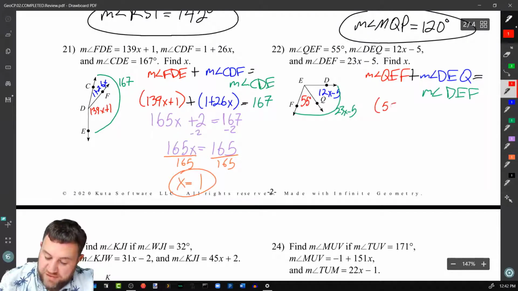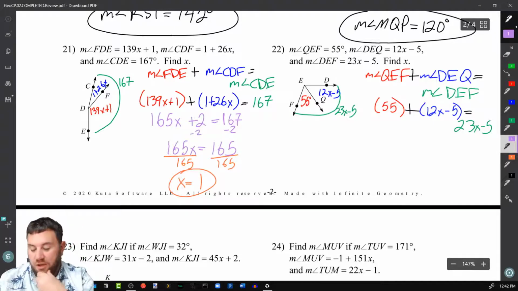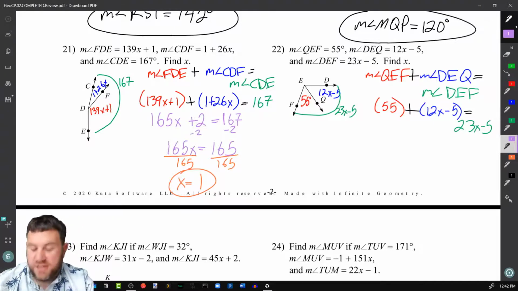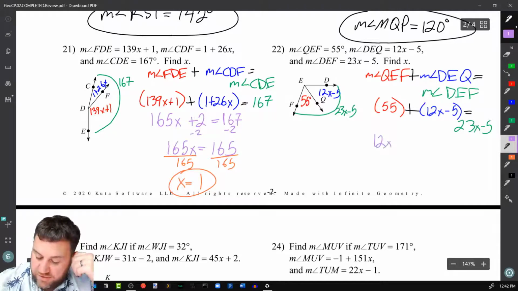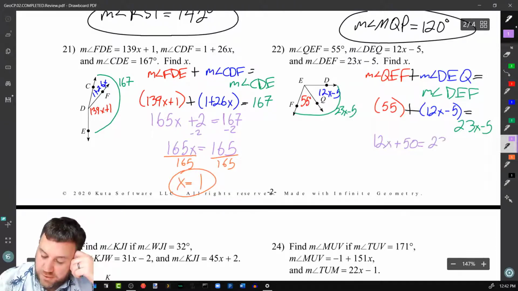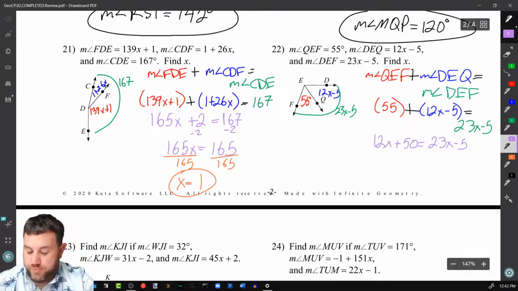So that'll be 55 plus 12x minus 5 equals 23x minus 5. Now we'll combine like terms on the left side of the equal sign. That'll give us 12x plus 50 equals 23x minus 5.